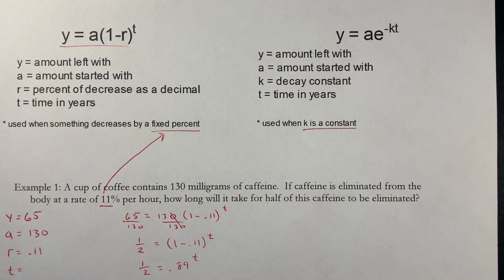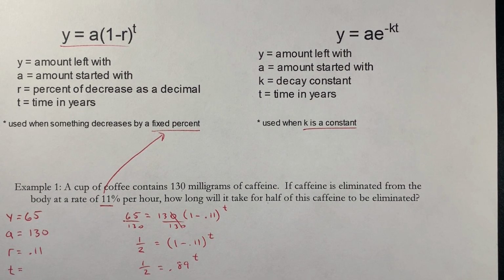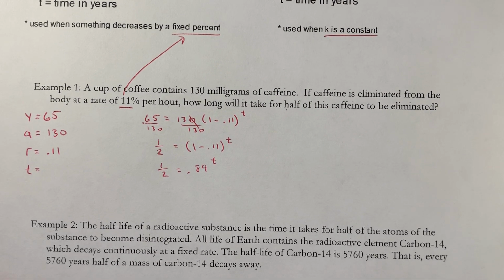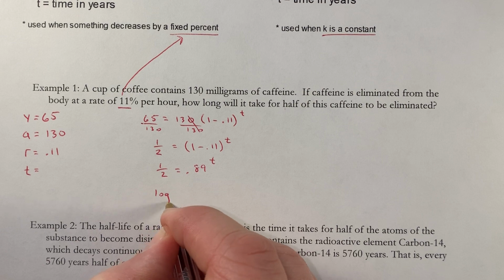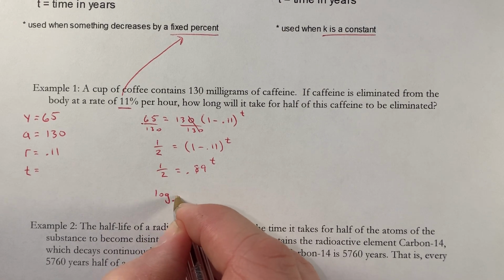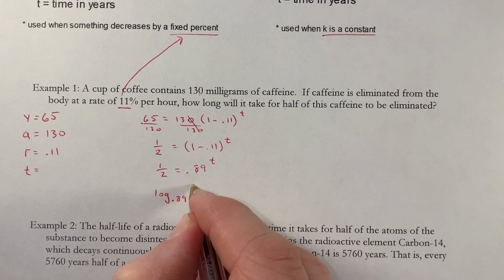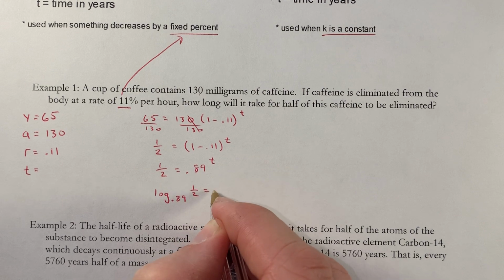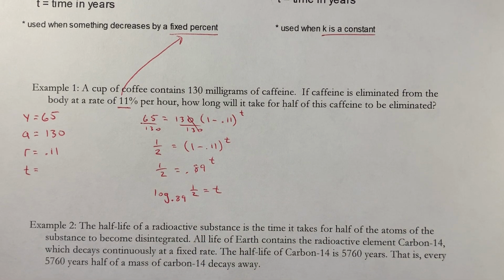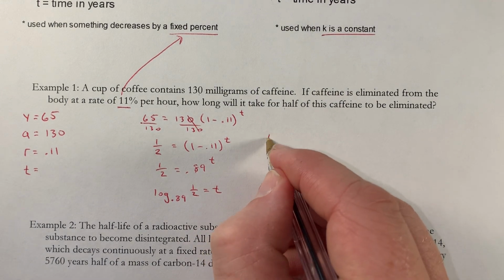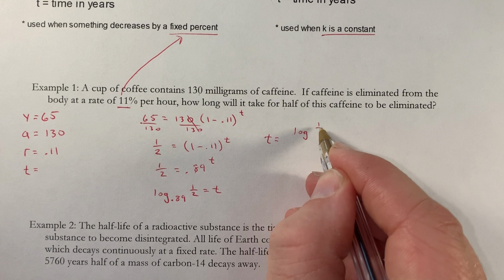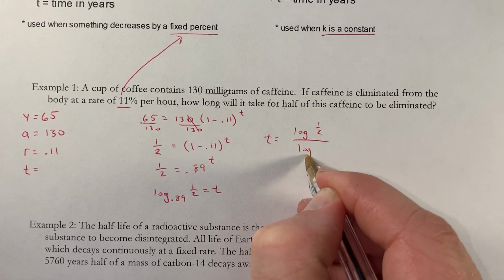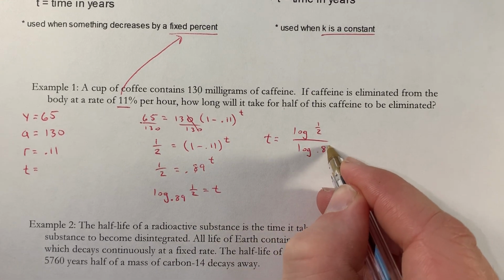Now we know that we can use logarithms to solve an equation like this. So I'm going to put this into log form. The base is 0.89, the argument is 1/2, the exponent is t. And we can use the change of base formula to solve this. So t equals log of the argument divided by log of the base.